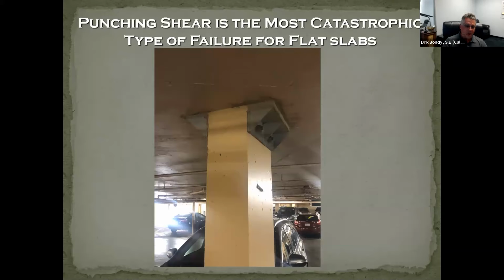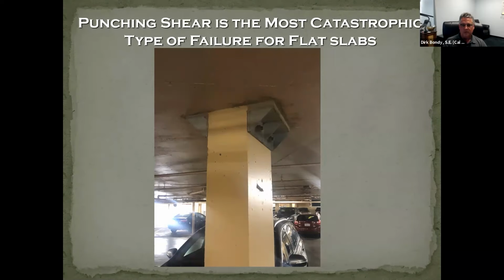What causes that is a punching shear failure. And again, I'm not aware of exactly what happened at the Surfside in Florida, but most of us believe that for one reason or another, the failure led to a punching shear failure, and it was that punching shear failure that led to the collapse of the building.